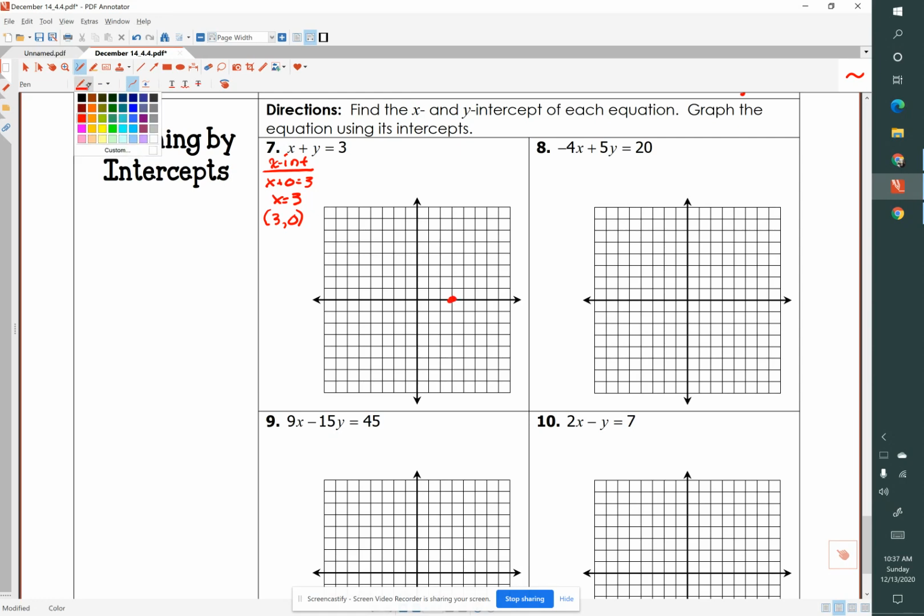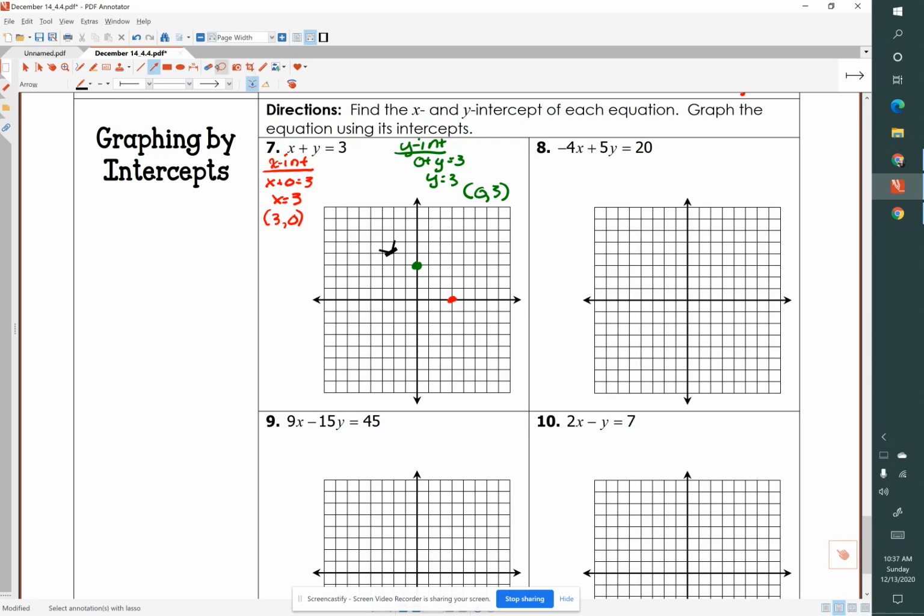Now we'll do the y-intercept. So it would be 0 plus y equals 3, or y equals 3, and that would be the point 0, 3, which is right here. Now we can take this and we can draw a smooth line through these points.